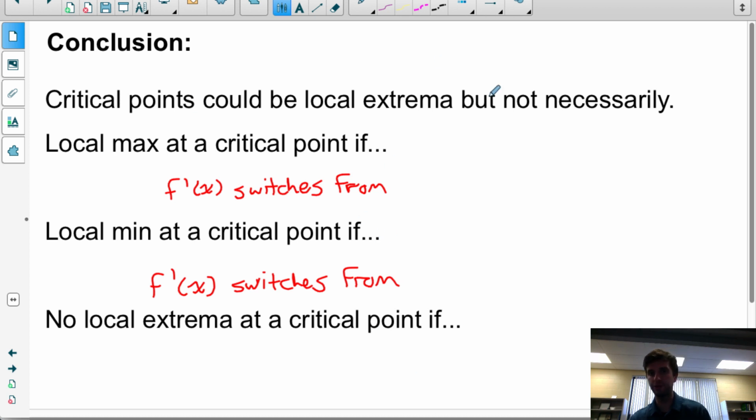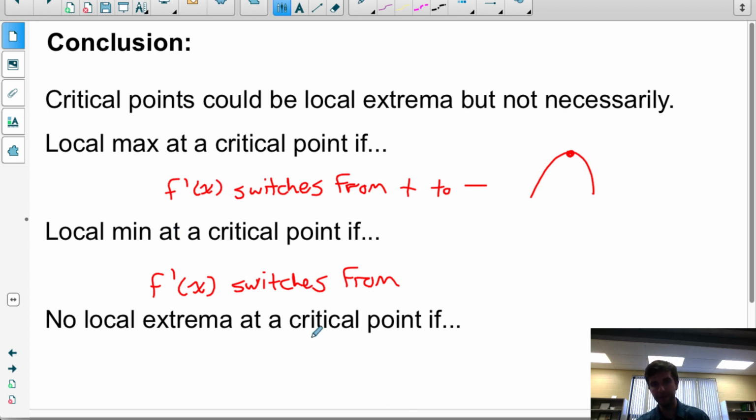So a critical point could be a local extrema, but not necessarily. It would be a local max at a critical point if the f prime of x function switches from having positive y values to negative y values, switches from positive to negative, right? Because that would mean the original function was increasing and then decreasing, so there was a local max.